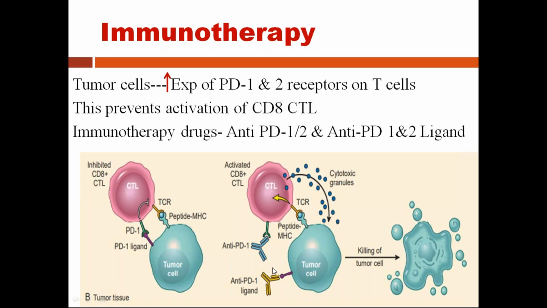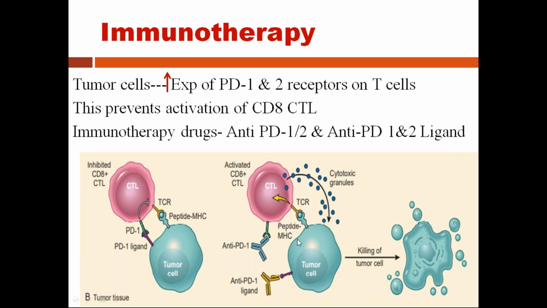Now there are certain drugs. They have designed certain drugs which have the property of anti-PD-1 and anti-PD-1 and 2 ligand. These drugs attach to the PD-1 receptor on the T lymphocyte, as well as to the PD-1 ligand on the tumor cells.